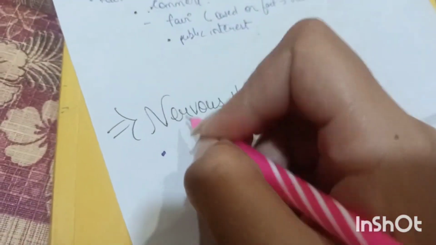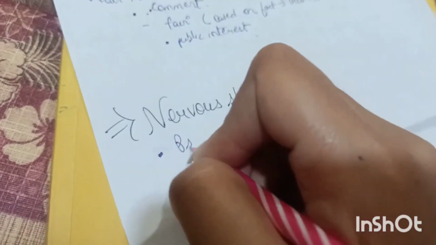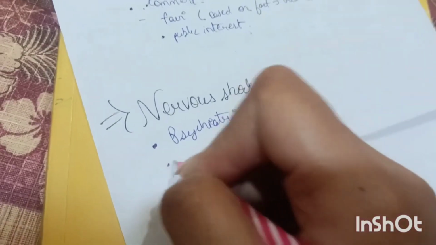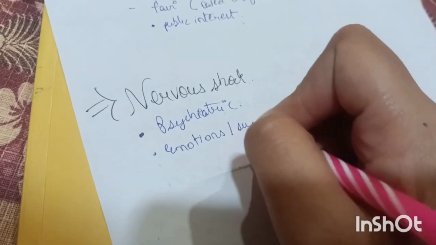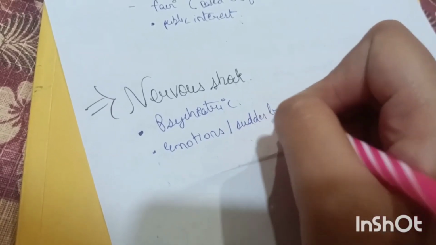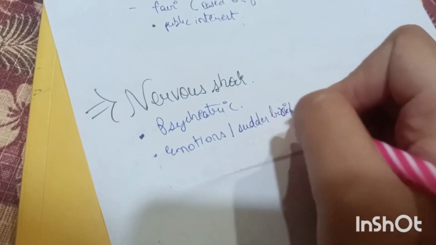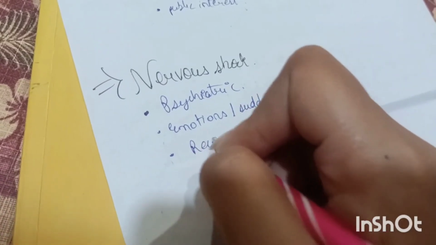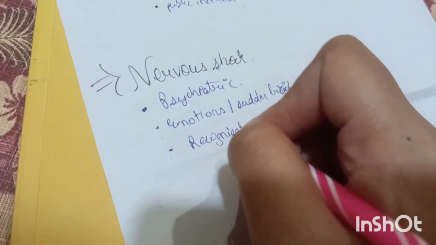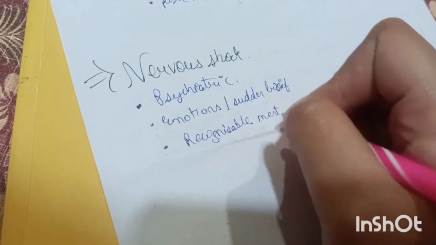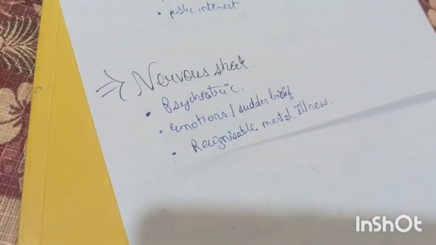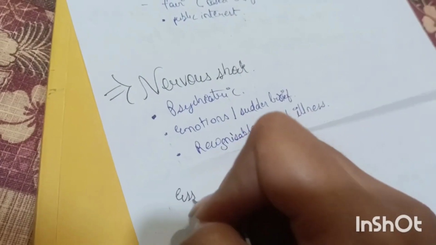Okay, so let's see what the elements are for this. The first one is psychiatric. The second one is it should be emotional, and it should be sudden grief. And the third one is it should be a recognizable mental illness. Okay, so let's see what the essentials are in this.